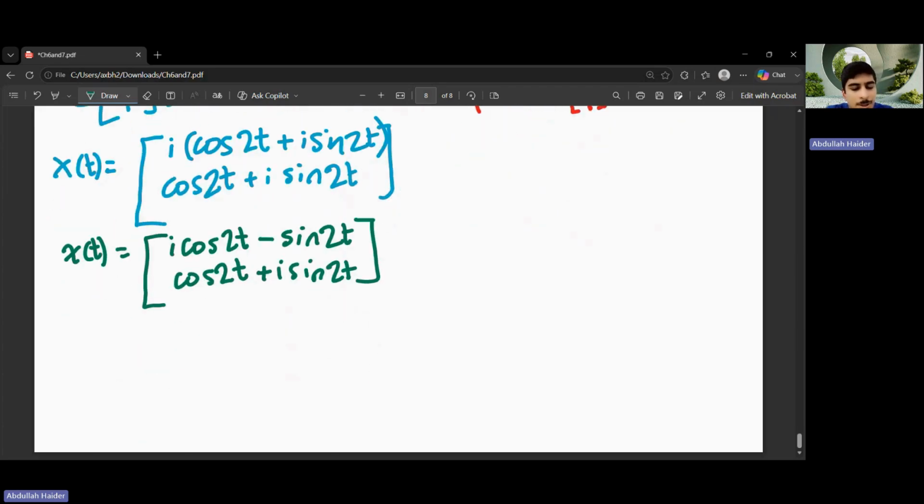So this is your x of t, and now you know that in complex numbers you have real parts and imaginary parts. So you can split them into real and imaginary parts.